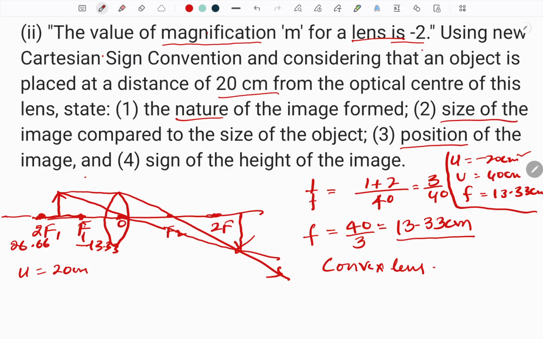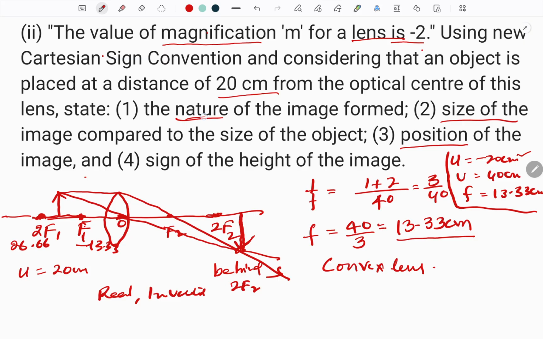Now from this ray diagram we can see that the object is between F1 and 2F1. The image is formed behind 2F2, or behind the center of curvature. So what is the nature here? It is downward, below the principal axis. This is a real and inverted image.